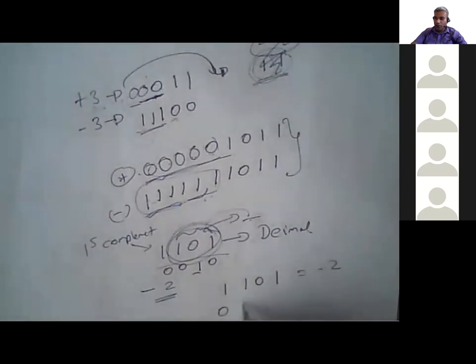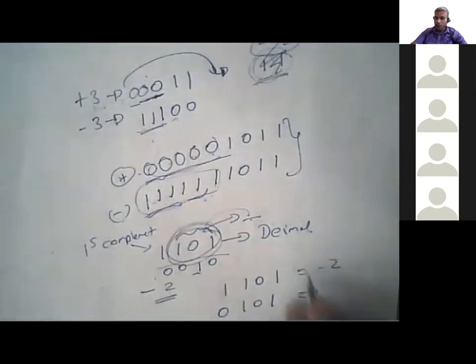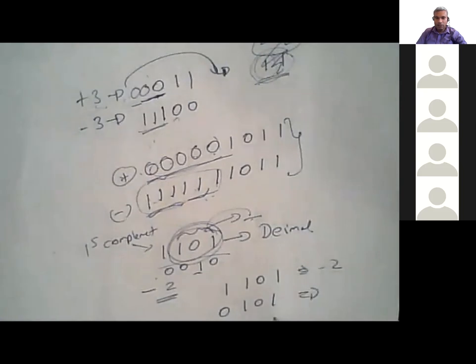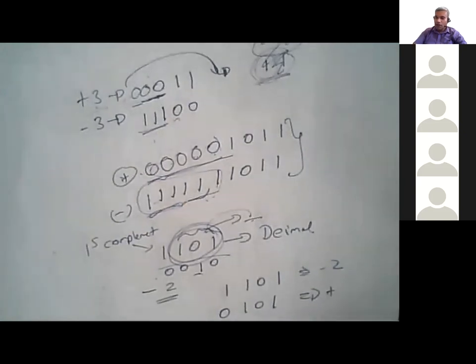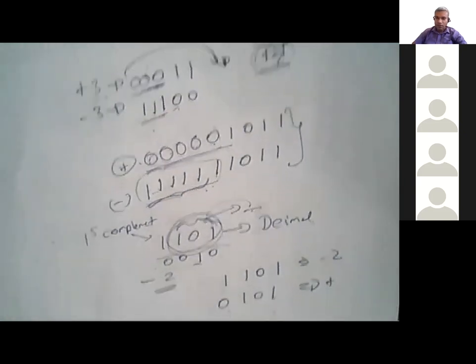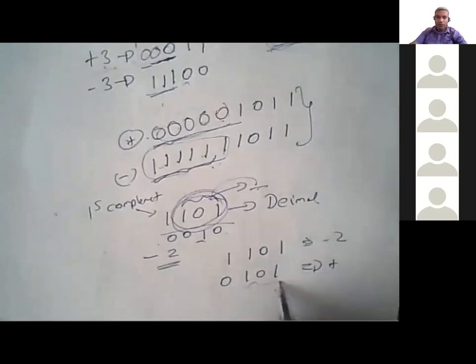But if I said 0, 1, 0, 1 in ones complement, then what should I get? Then this is a positive number. Since it's a positive number, I don't need to flip these bits.